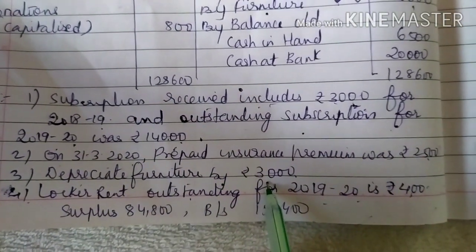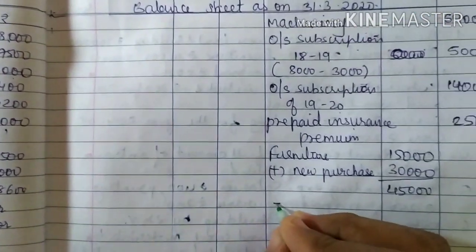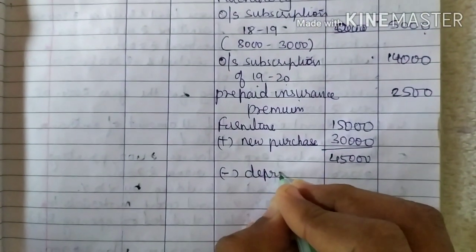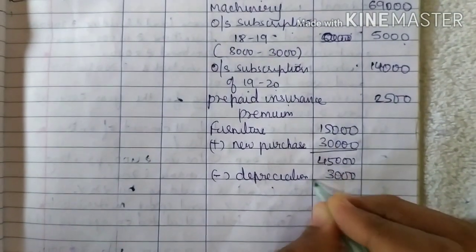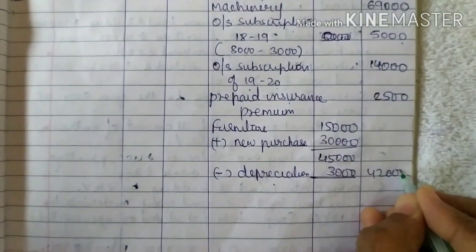You have to charge depreciation. Depreciation, first effect, less depreciation 3,000, which will give you 42,000.